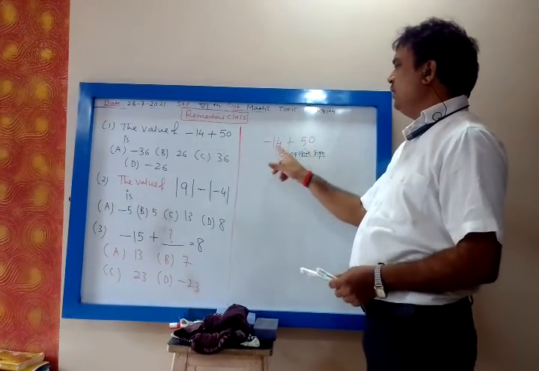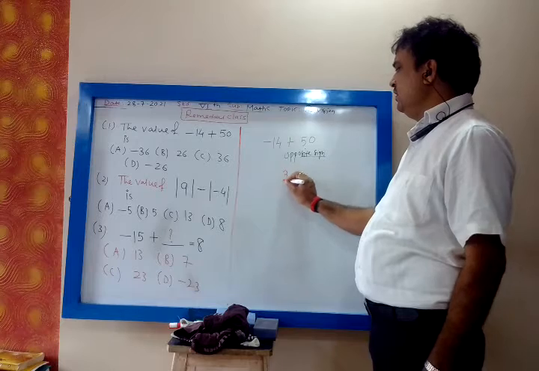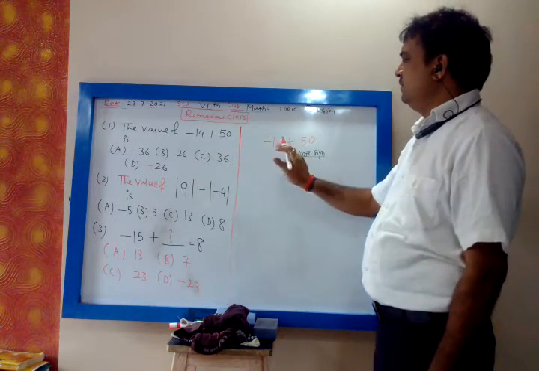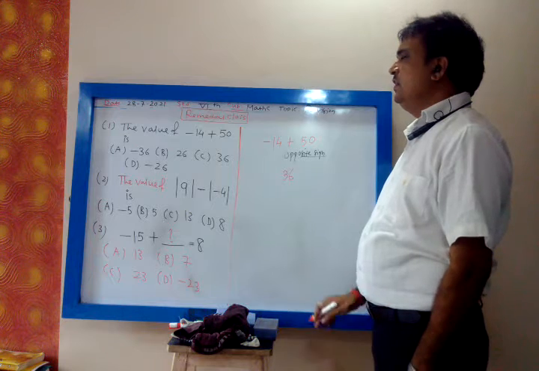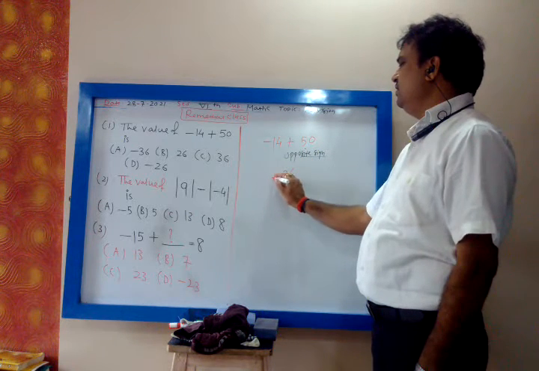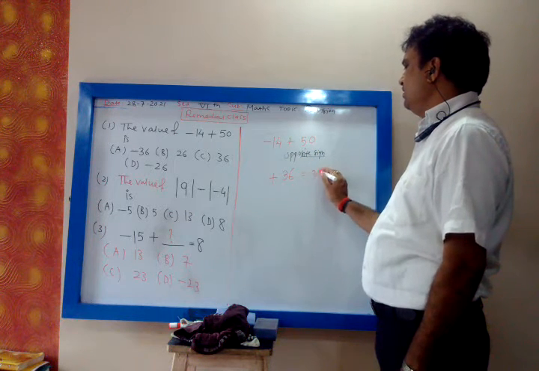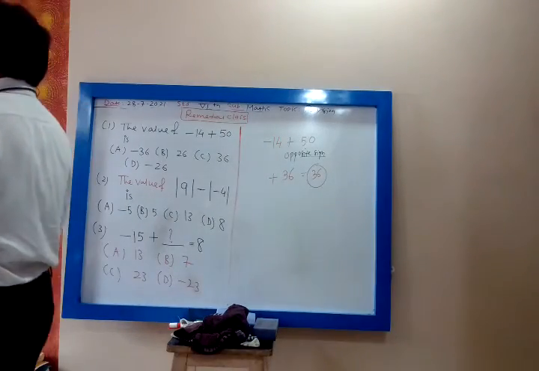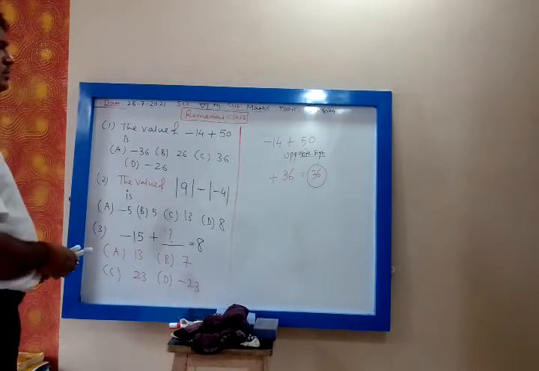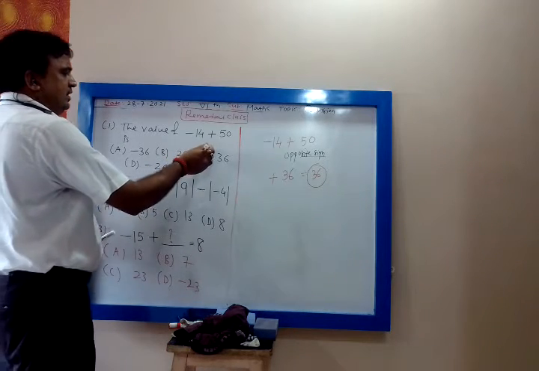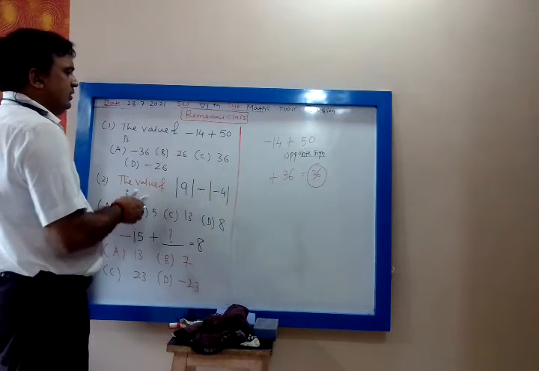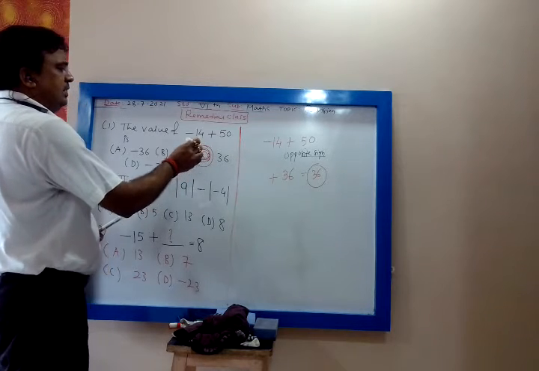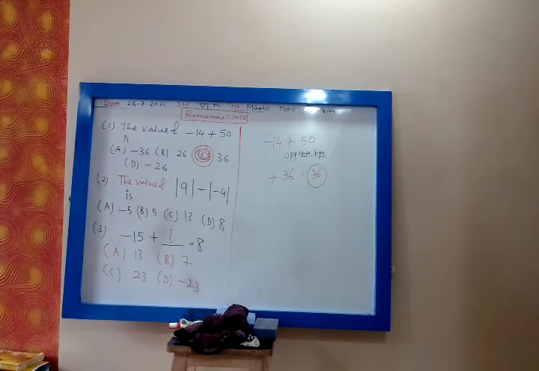So 50 minus 14 is 36. Which number is bigger, 50 or 14? 50. What is the sign of 50? Plus. So the answer is plus 36, or 36. So it is not minus 36. C is the correct option.